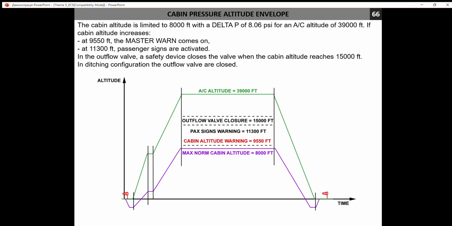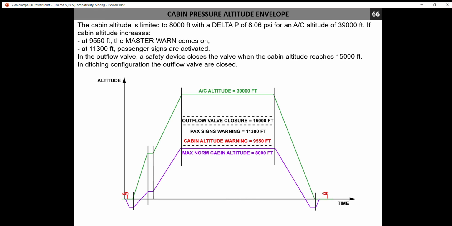Then before landing we also keep a proportional rate of change of altitude in the cabin. When we reach approximately 10,000 feet, 3 kilometers here, a cabin altitude warning light will appear.